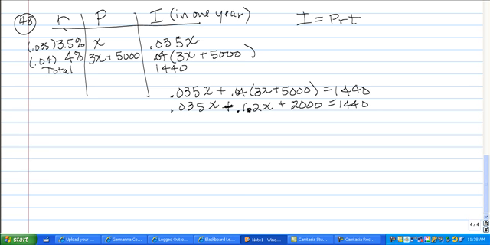Let me erase this to make sure. Alright, so sorry about that. It should have been 0.04. I had it right over here and then I did it wrong there. Okay, so we want to combine those two. So 0.12 plus 0.035 is 0.155x.